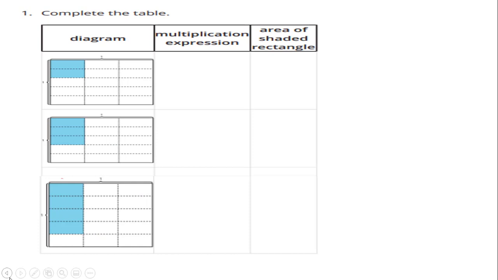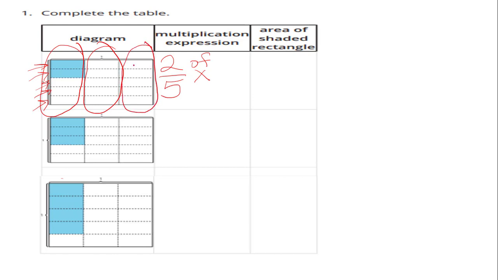Okay, so we are going to complete this table. Let's look at our diagram here. We have 2 shaded out of 1, 2, 3, 4, 5 sections of one of these 3 thirds. Here's a third, here is a third, and here is a third.